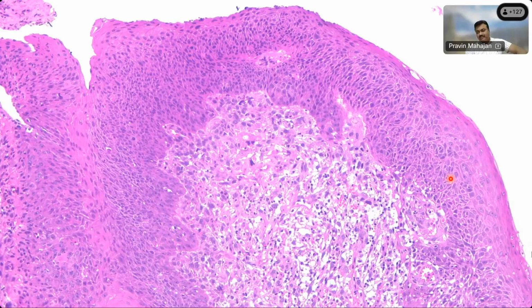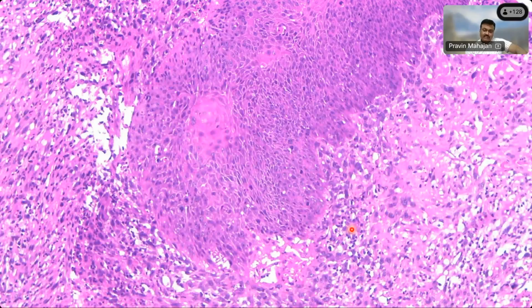And as compared, in this area you can see the maturation is still happening. So this is still quite better. Maybe there is some atypia in the lower one third, but the upper two thirds is showing maturation. So some areas definitely show a lot of dysplastic changes here, some areas show maybe mild or even benign changes.